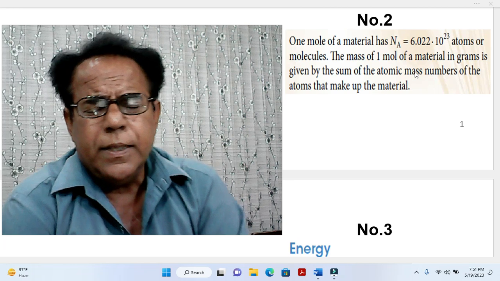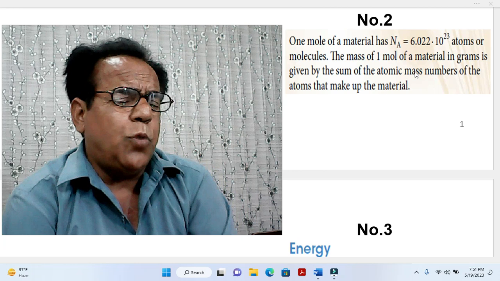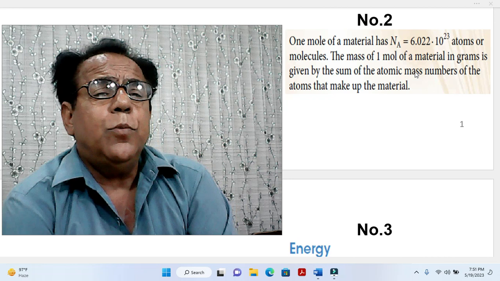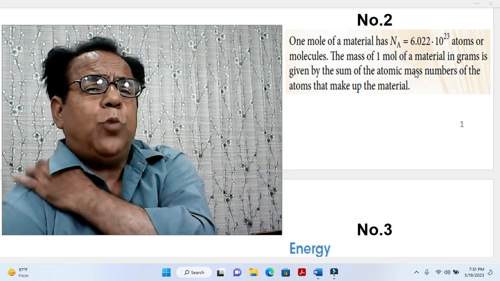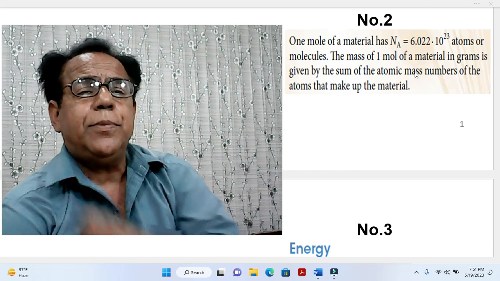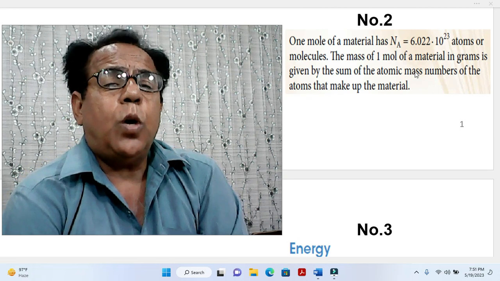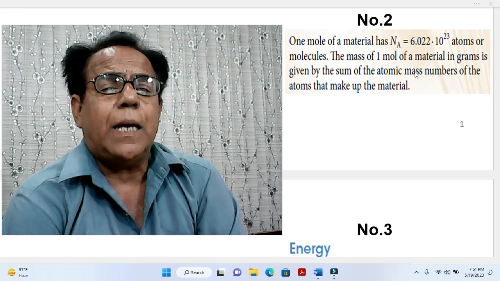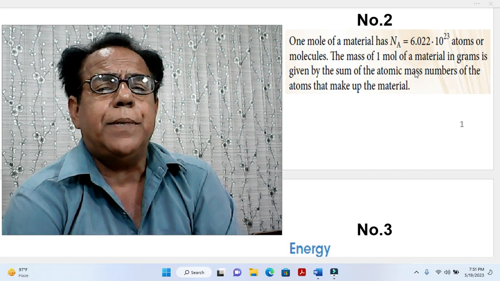So these are various modes of expressing the sign of multiplication. 1 mole of a material has Avogadro's number Na equal to 6.022 into 10 to power 23 atoms or molecules. The mass of 1 mole of a material in grams is given by the sum of the atomic mass numbers of the atoms that make up the material.